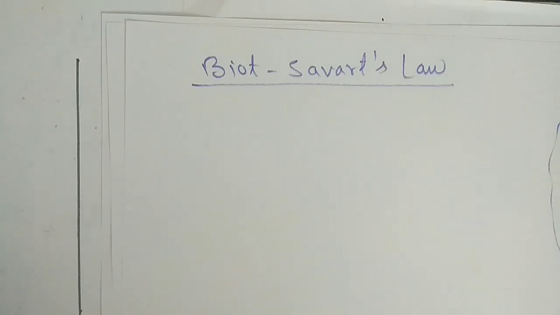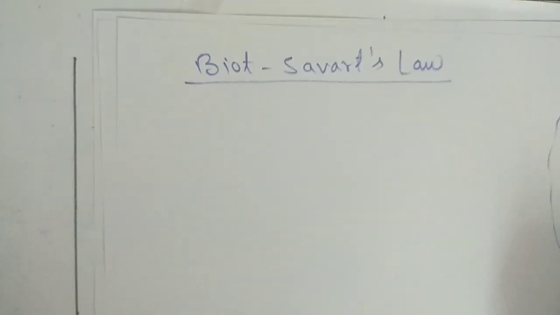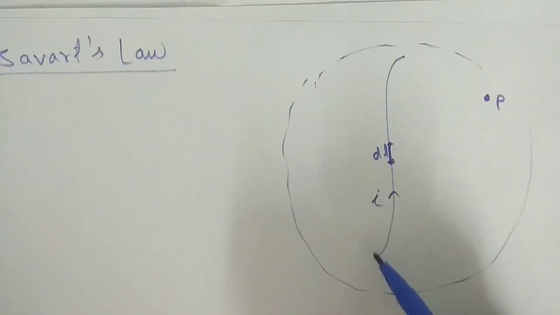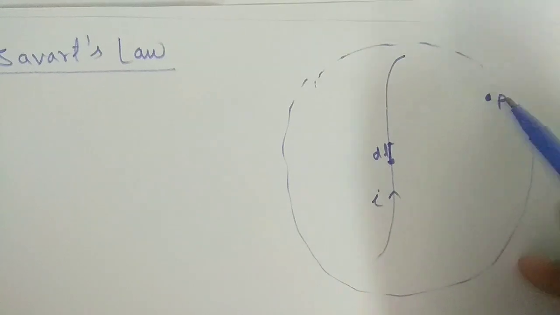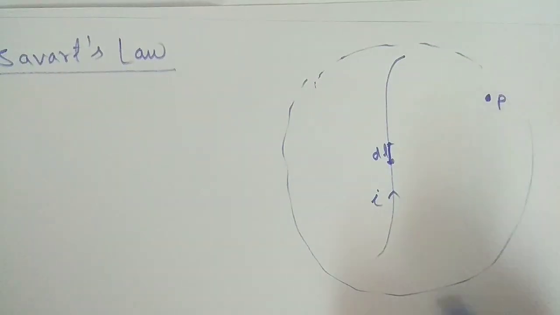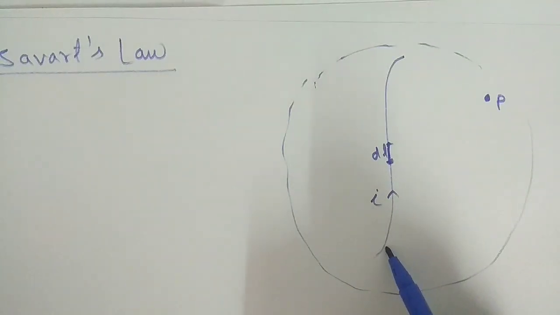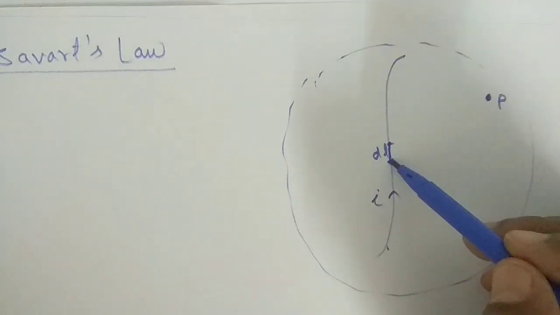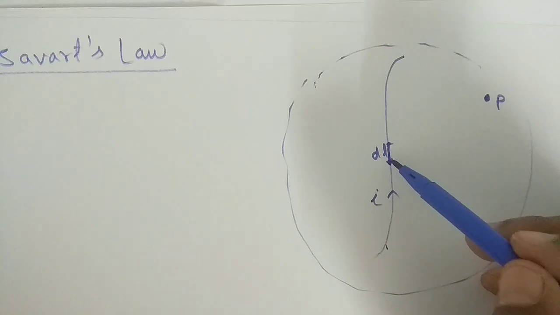Biot Savart told that at point P, in the region of the magnetic field produced by this current carrying wire, what is the magnetic field intensity at point P due to this small current element dl?